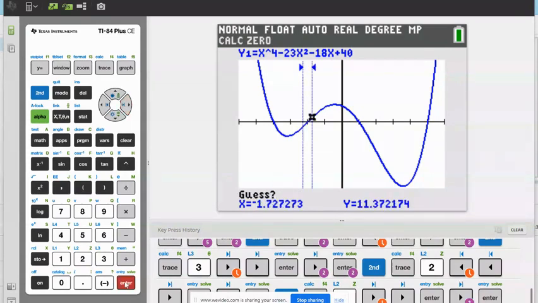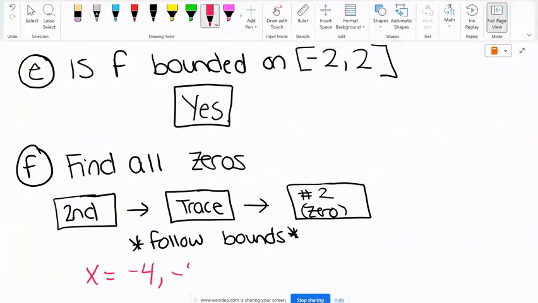Do you have to press second trace every single time? Yep. Because once you press enter for that last time, it gets you out of that programming. So what is the next one? -2. So we have -4, we have -2.